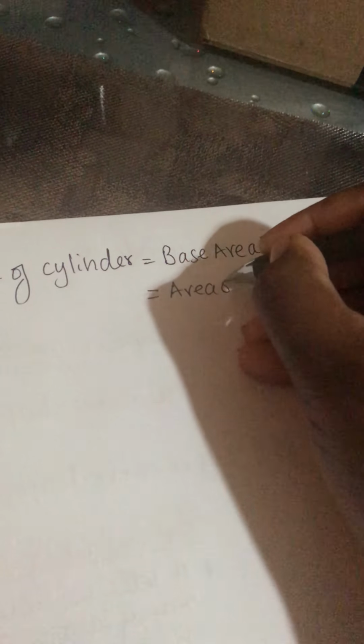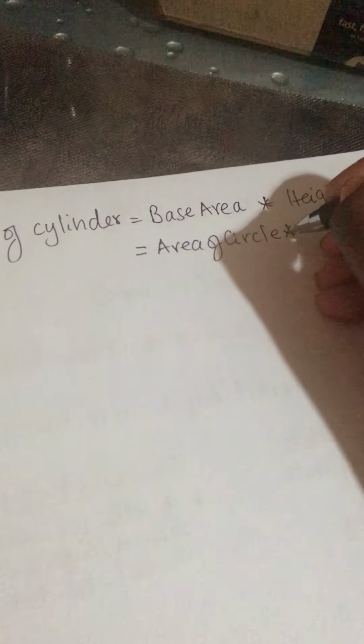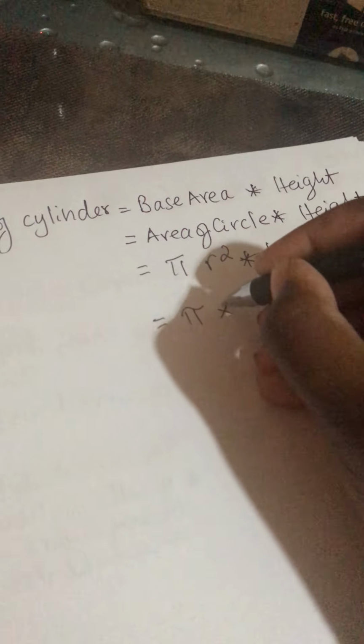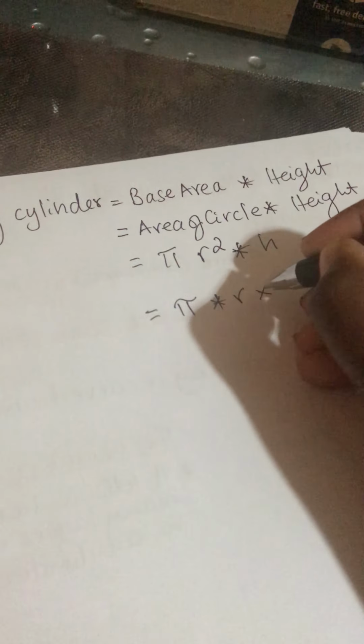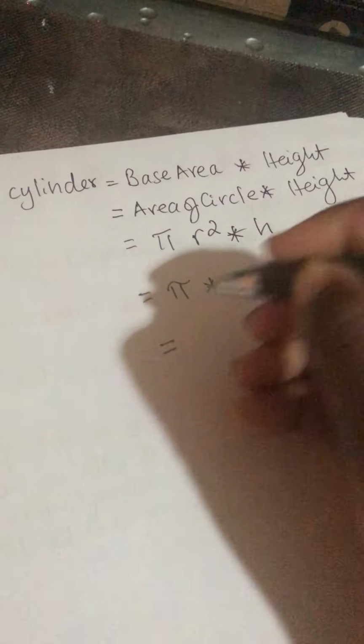I know that the base area is a circle, so I write area of circle times height. And then pi r squared times height. And then pi times r times r times height. Okay?